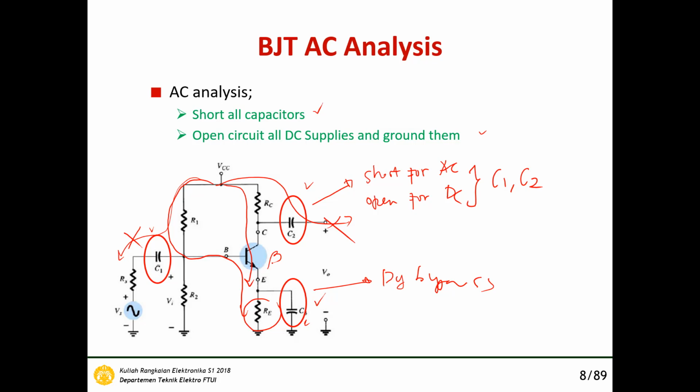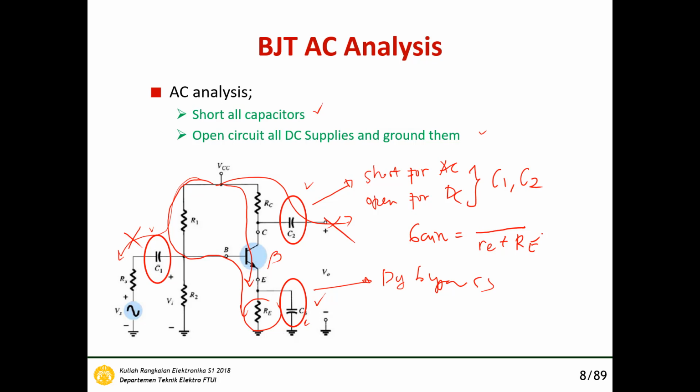But in AC we don't need an emitter resistor. Why? Because the gain of the BJT is determined by output per input. The input involves RE, the intrinsic emitter resistor plus the emitter resistor here.